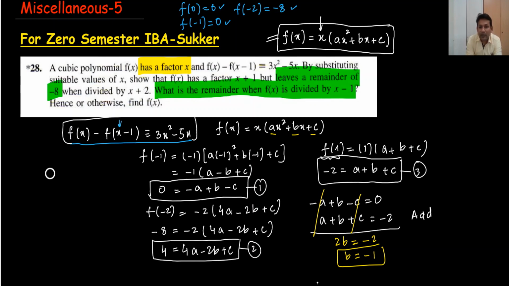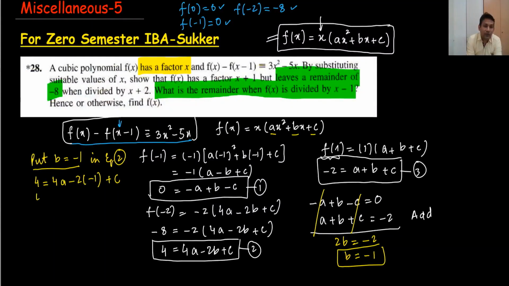B we have done. I want to use the value of b and put it in an equation. We have used 1 and 3, so equation number 2. So 4 equals 4a minus 2 times minus 1, and plus c.